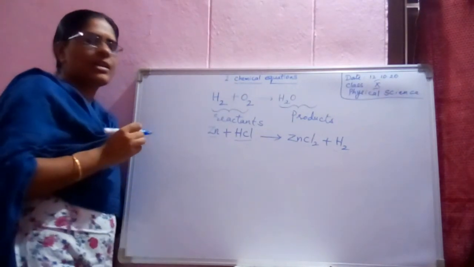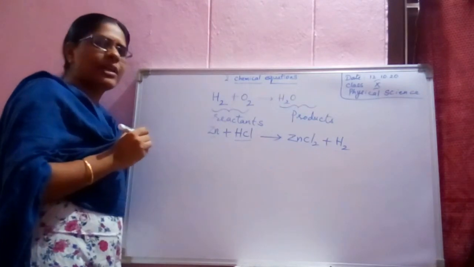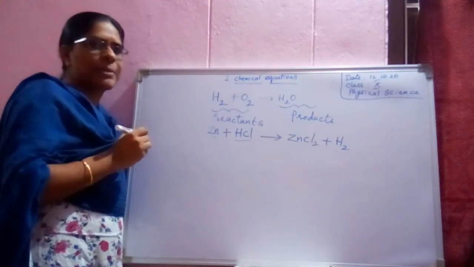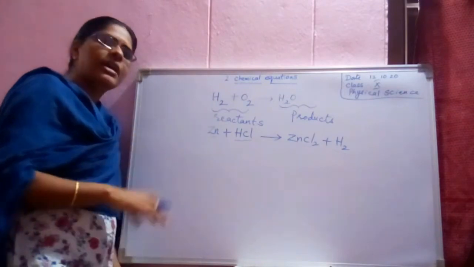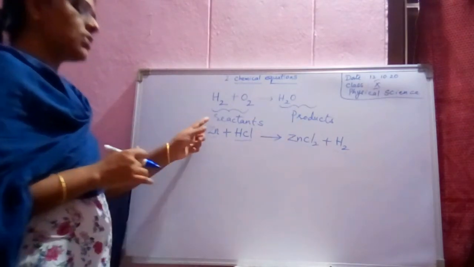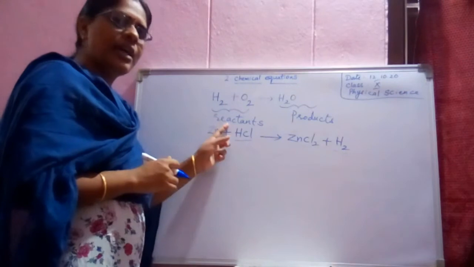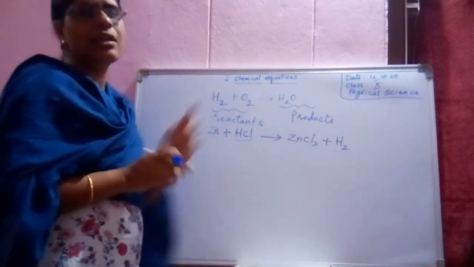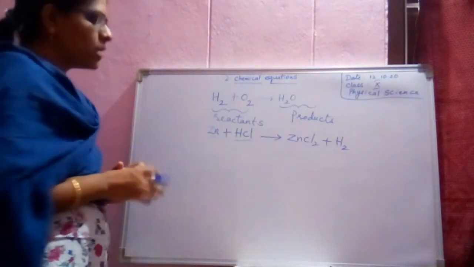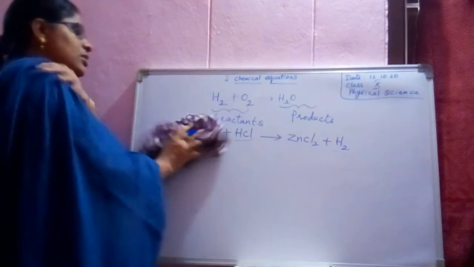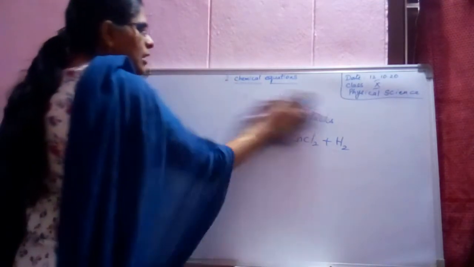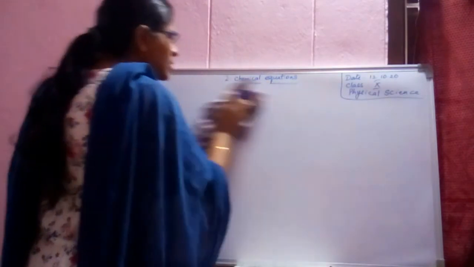These are some of the important terms in a chemical reaction. In any chemical reaction, there must be reactants and products.